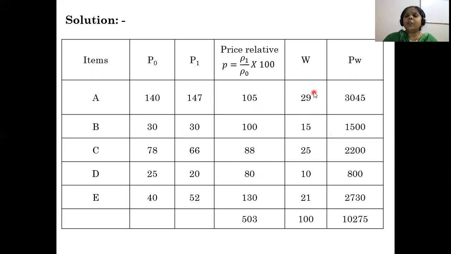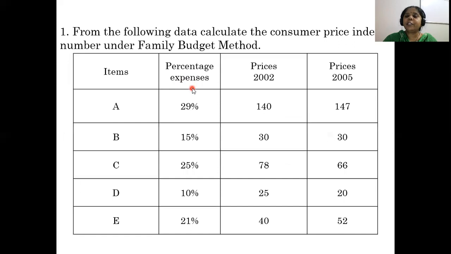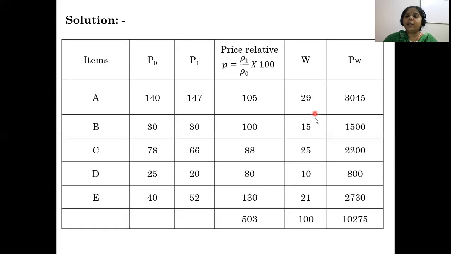In the problem itself, the weights, the percentage of expenses, are given. So you take 29, 15, 25, 10, 21, which altogether come to 100. The total of P comes to 503. Now PW, this is what we find: the price relative multiplied by the weights.